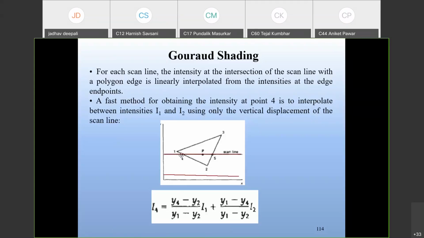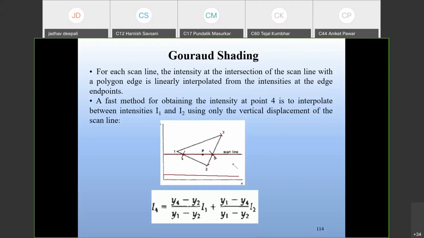Now suppose we want to find the intensity at the intersection of this scan line with the polygon. This is a polygon: this is the first vertex, 1, this is the second vertex, 2, and this is the third vertex, 3. The polygon intersects the scan line at this position and at this position. We call the left one position 4, and here 5 is the other intersection point.